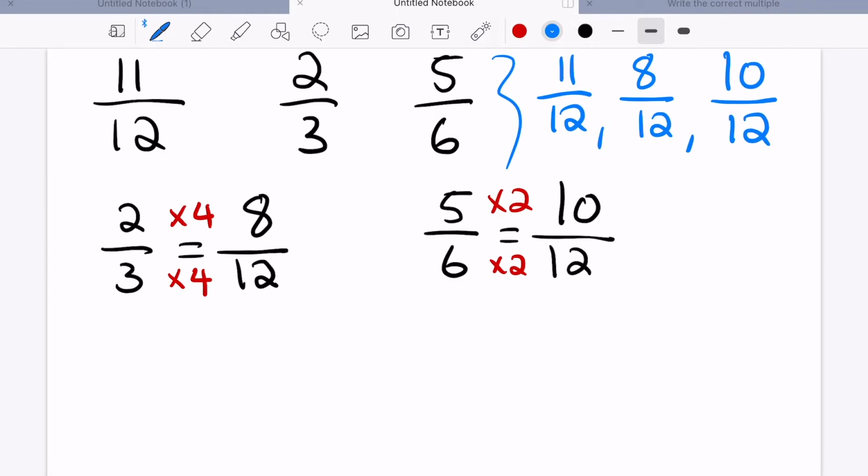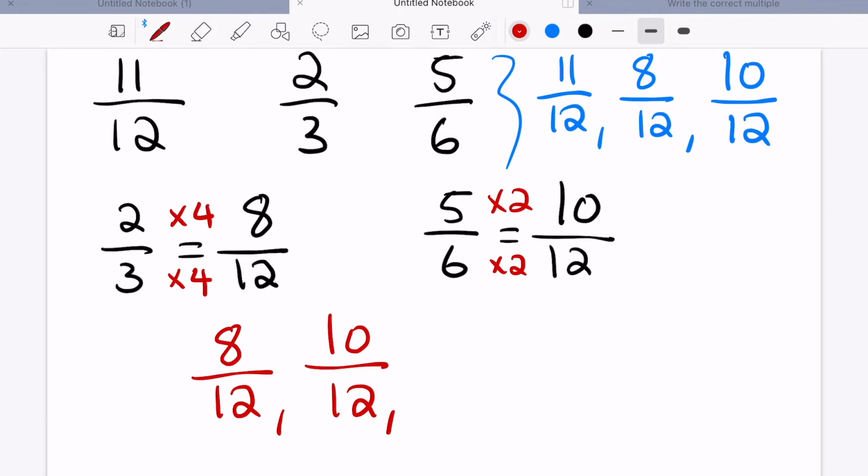So we're going to write 8/12, 10/12, then 11/12. So 10/12 is equal to 5/6. 8/12 is equal to 2/3, and this is equal to 11/12.